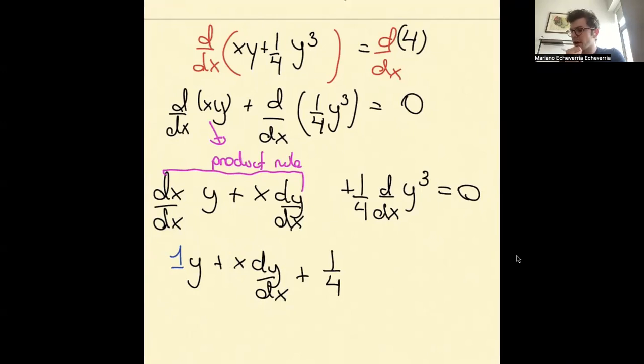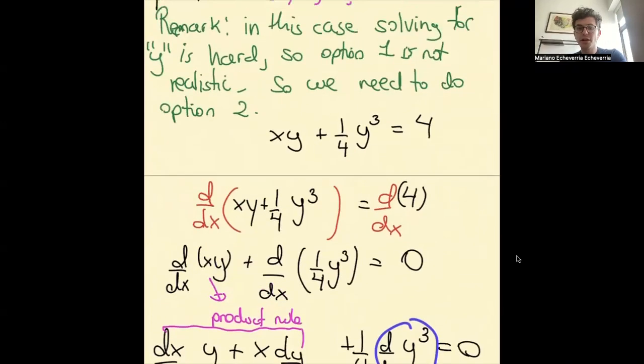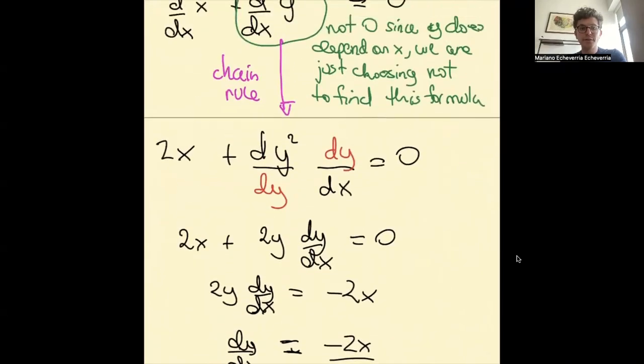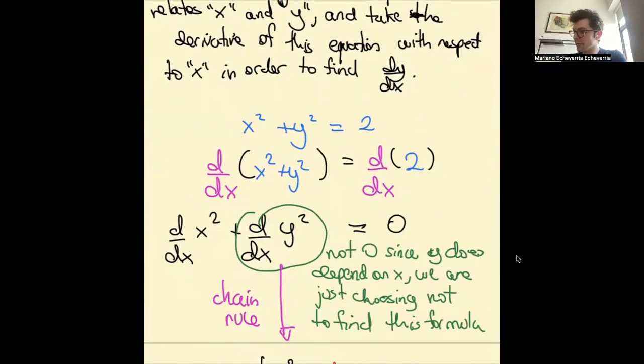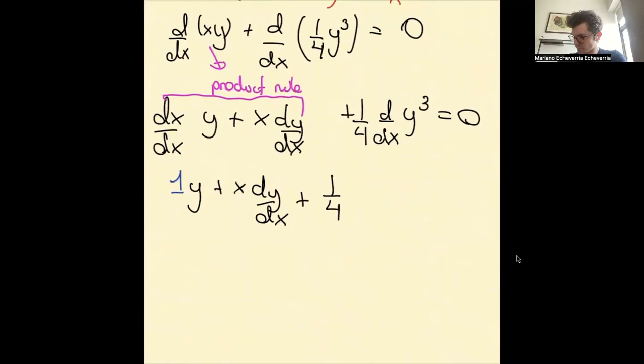And then we have to find this derivative, and again, this is a tricky one. So what can you do to find this derivative? It's very similar to how we found the derivative in the previous example, right? So what should you do in this case to find this one?